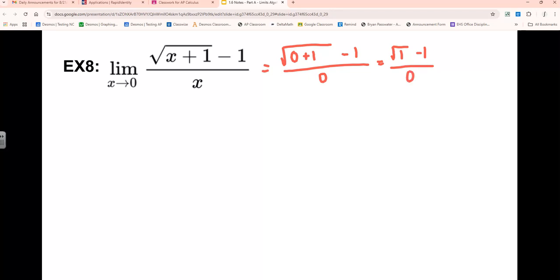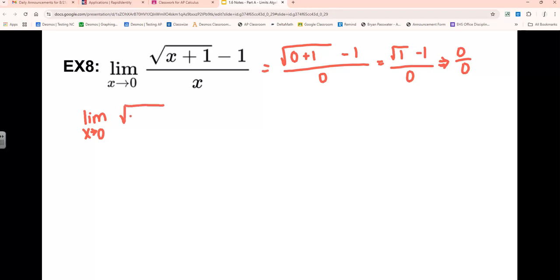What is the square root of 1? It's 1. 1 minus 1 is 0. Got a 0 on the bottom. See how I used the arrow right here instead? I'm getting 0 over 0. So that doesn't tell me anything except that I need to keep working, right? So that means I need a different method.